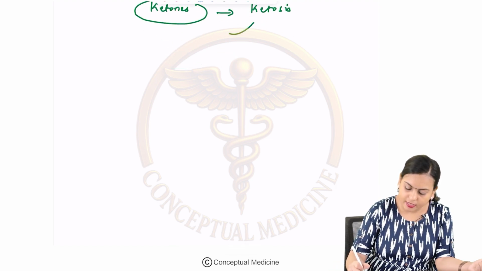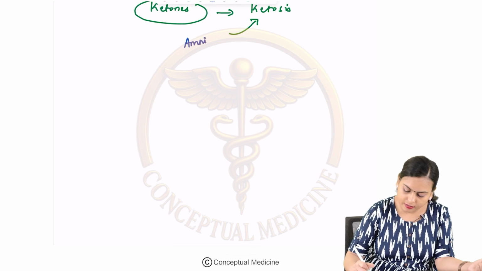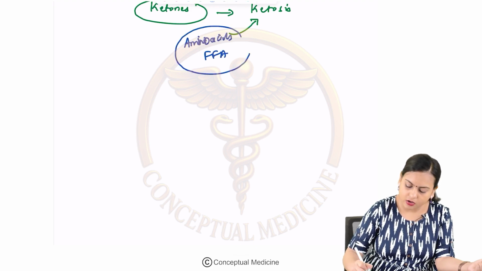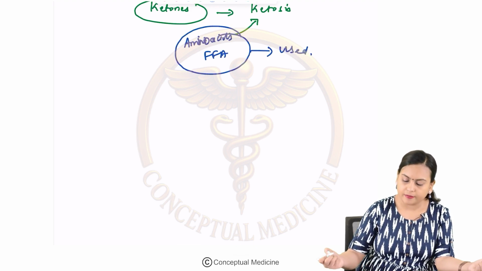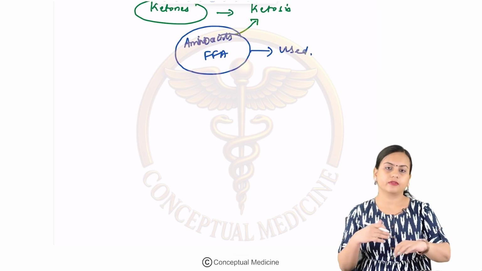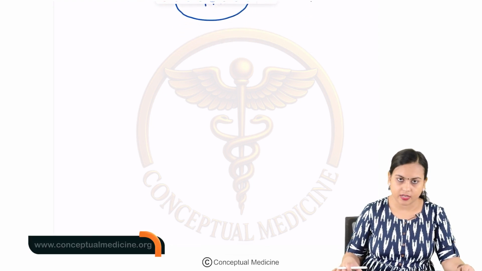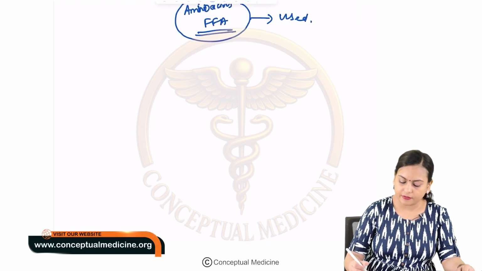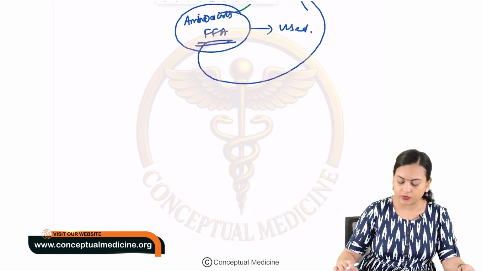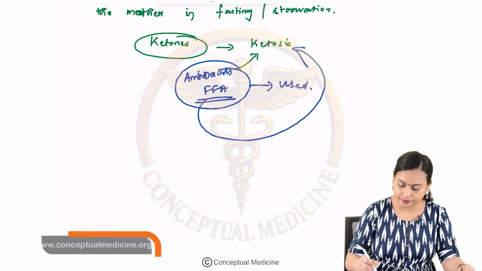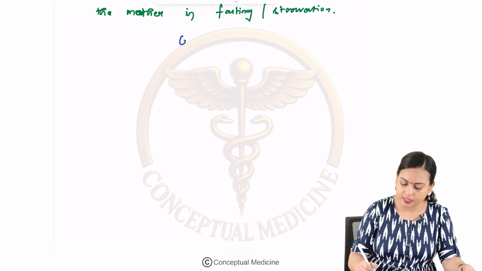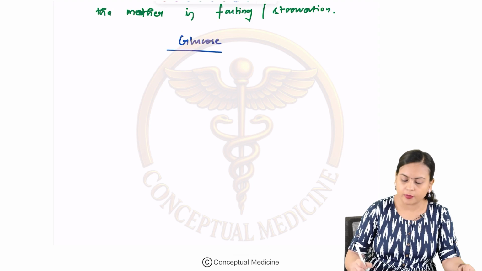And in the state of ketosis, what will happen? Amino acids and free fatty acids are also used. First glucose is used. If that is over, amino acids and fatty acids are also used. So, first the glucose is going to be consumed.